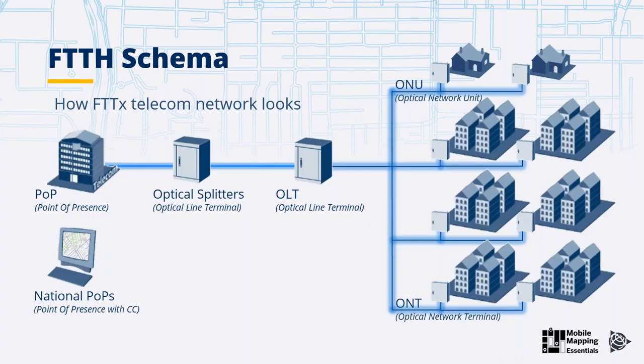What is interesting is that at each of these splitters we do not face any reduction of performance, because we are just splitting the light. We are just redirecting it to the final destination, which is the optical network terminal for a number of buildings, or the optical network unit when we are reaching a specific house and a specific family.